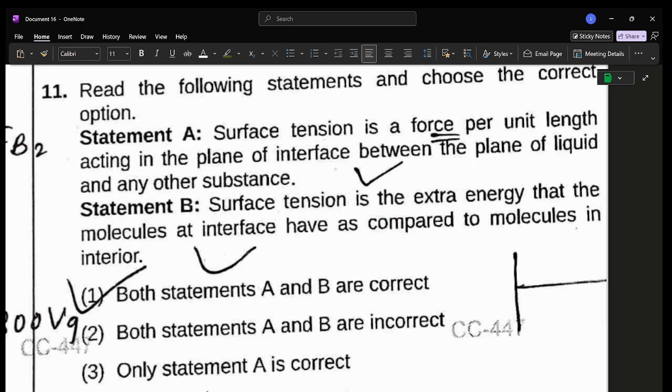Fine. And when we talk about surface energy, it's nothing but work done to increase surface area by unit amount. What does it mean? What does it even mean? Work done to increase surface area by unit amount.